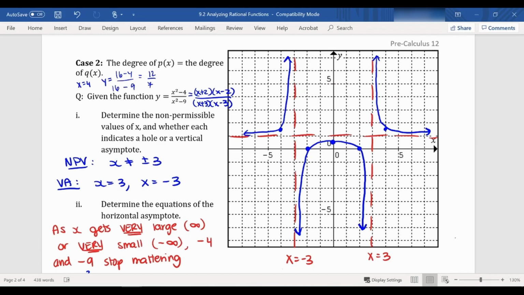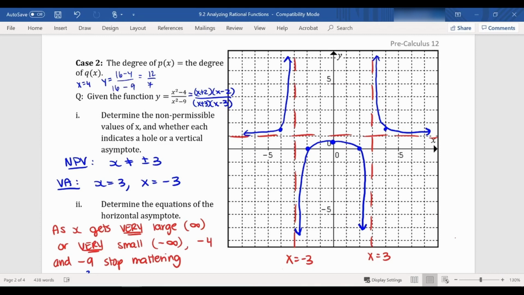So if the degree on the top is less than the degree on the bottom, your horizontal asymptote is at 0. The only way your horizontal asymptote will be somewhere else is if the degree of the top and the bottom are the same. And then you're going to look at the coefficients of that degree of that term.